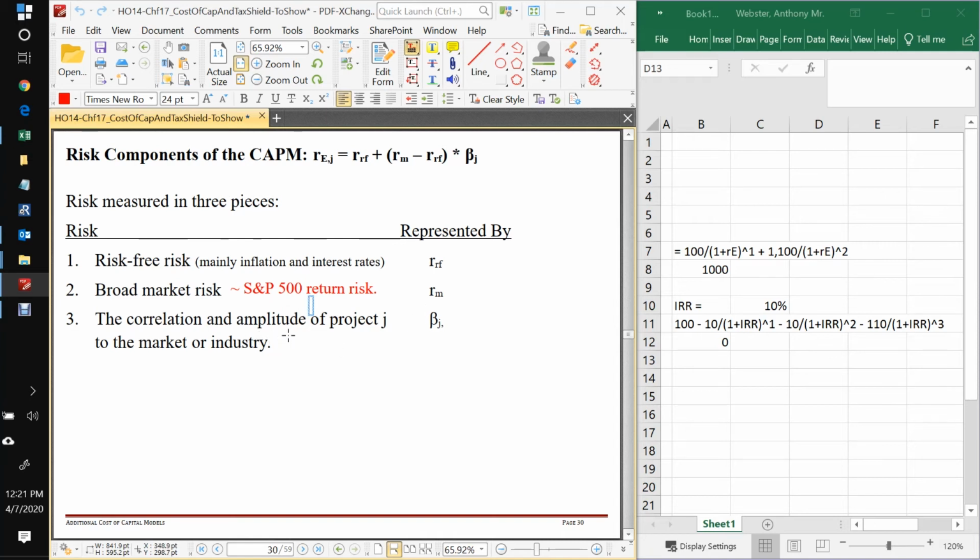And then there's the correlation and amplitude of project J, and project J is going to be something like stock of company J. Let's make that a little clearer: stock returns of company J to the returns of the market or industry, just like it was in the previous chapter. And then, of course, project-specific risk is still measured in the projected cash flows.